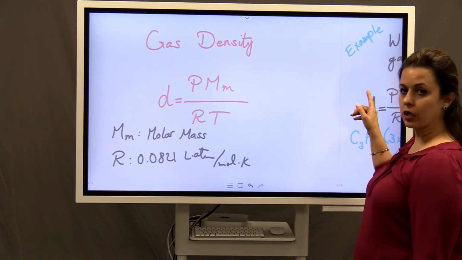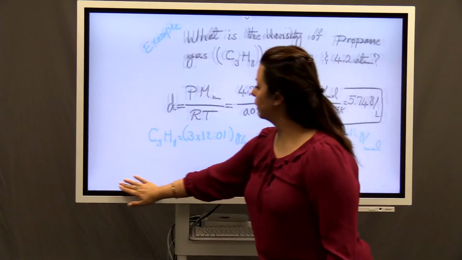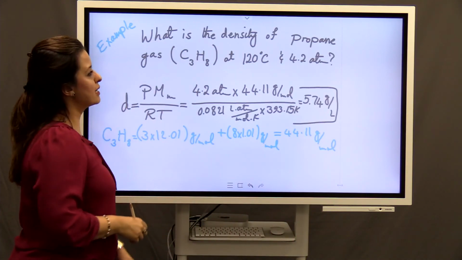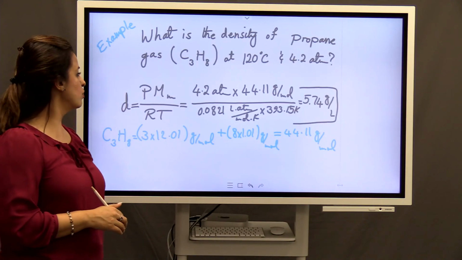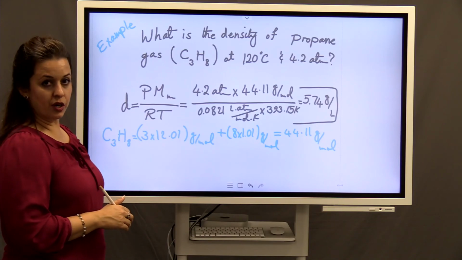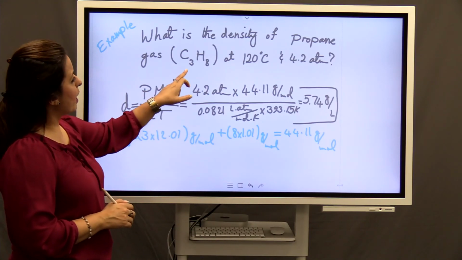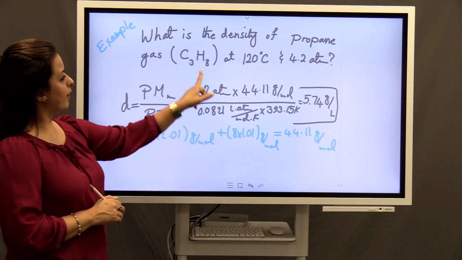At the end, I would like to work on an example with you based on this formula. Let's see what we have. What is the density of propane gas at 120 degrees Celsius and 4.2 atmosphere? What is the pressure? 4.2. What is the molar mass? Molar mass of 3 carbons and 8 hydrogens.